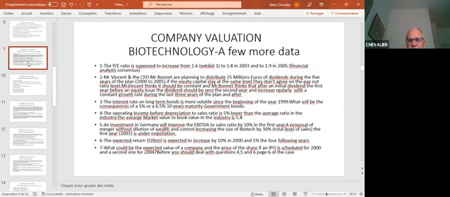This is the consensus of the financial analysts. That means generally you have several financial analysts following the company, and they publish forecasts and recommendations for investors also.